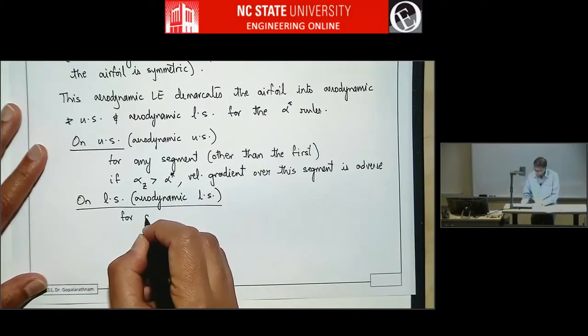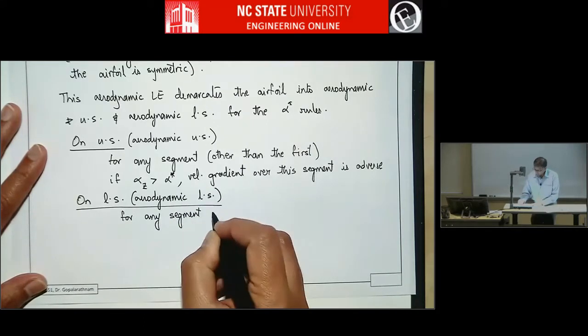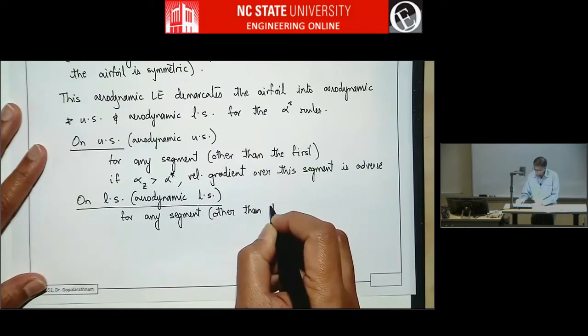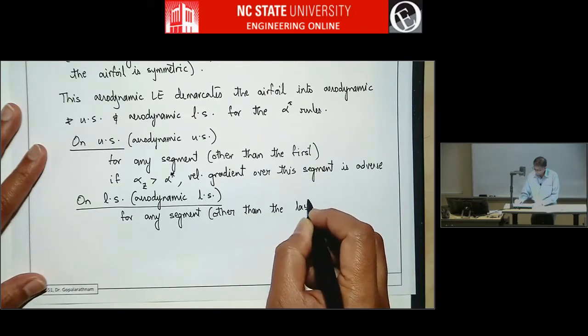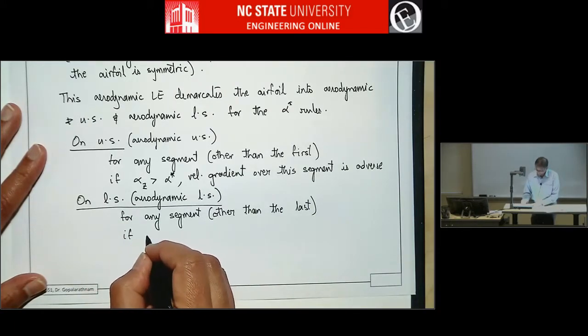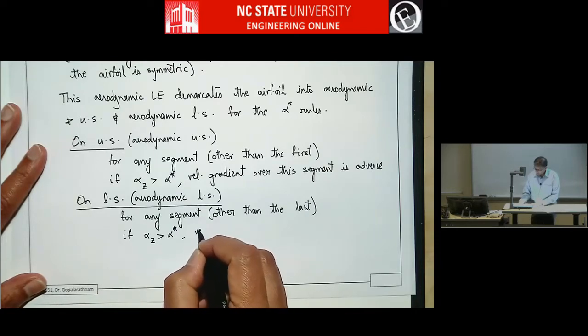So for any segment other than the last, if alpha z is greater than alpha star, the velocity gradient is going to be favorable.